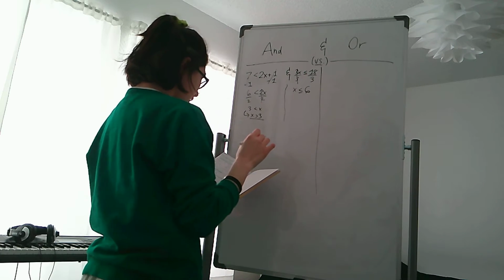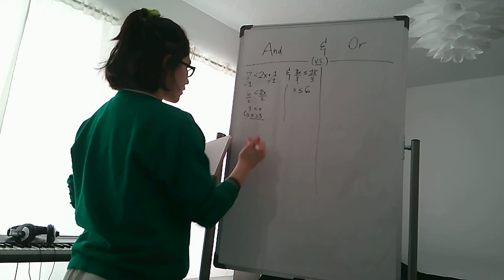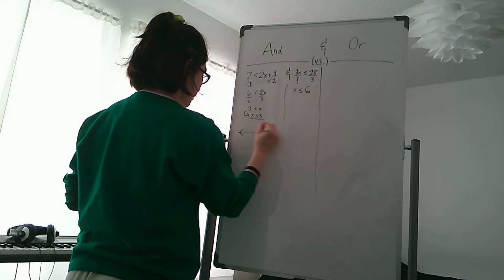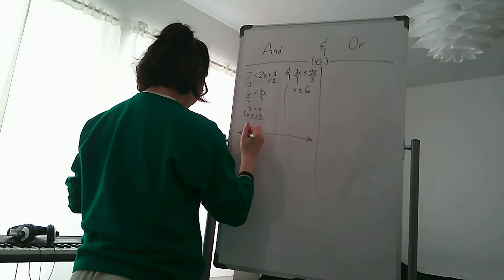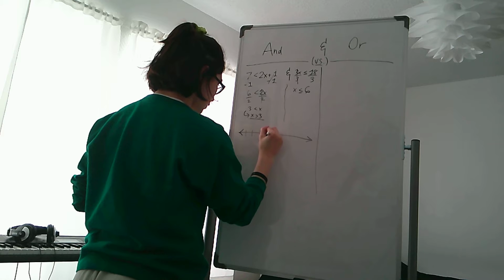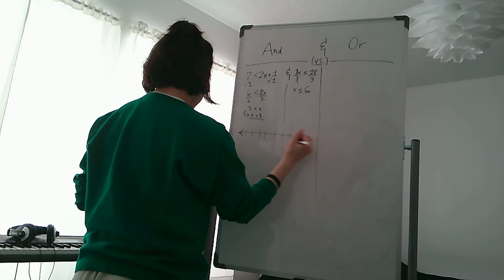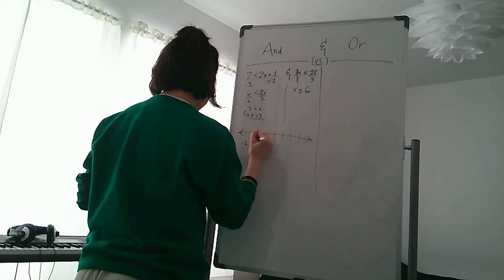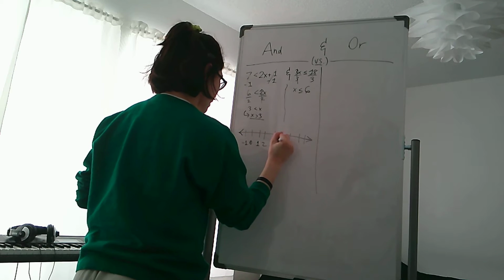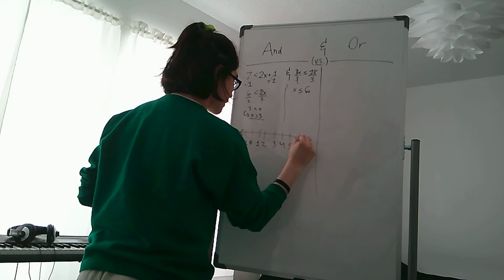So what happens is we can graph this. I'm just going to draw a little number line, nothing fancy: -1, 0, 1, 2, 3, 4, 5, 6, 7.